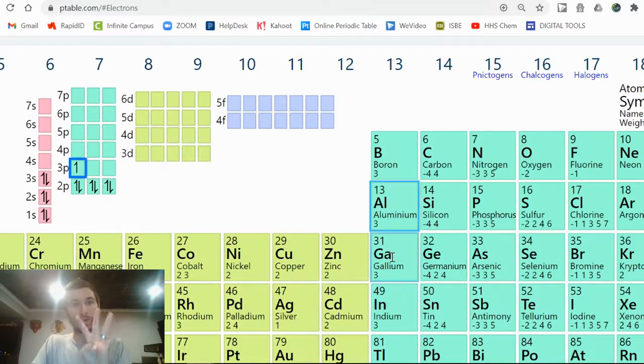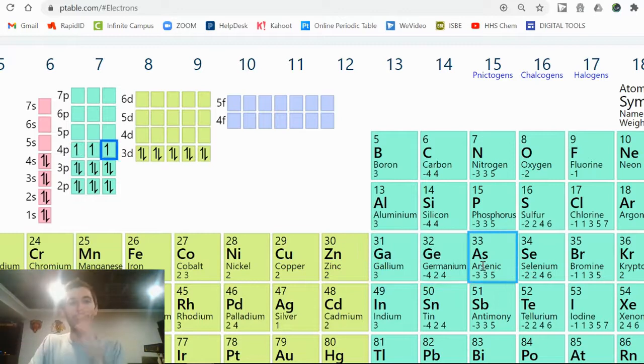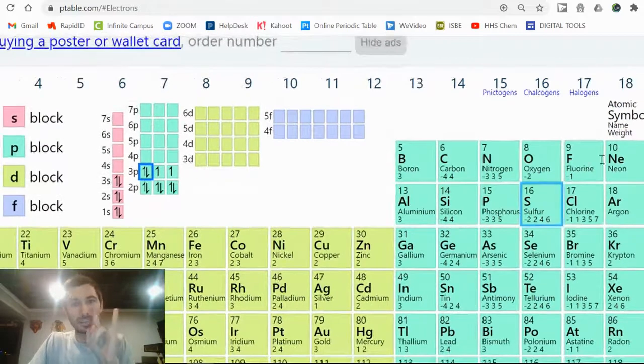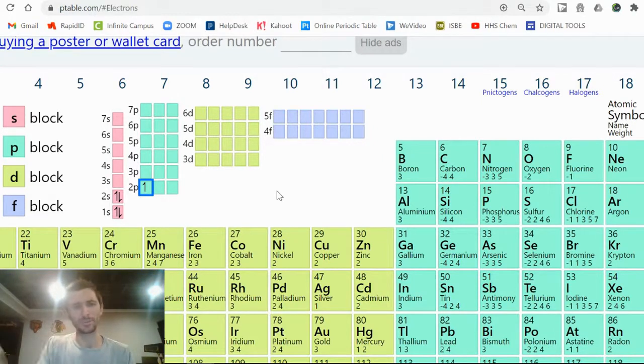Gallium, the 4th energy level has 3 electrons. You're going to see a trend constantly going to the right that you add an electron in the highest energy level. And those are valence electrons. So again, helium only has the 2. It's a weird kind of trend, but I guess not that weird. You're just adding an electron each time you go to the right.